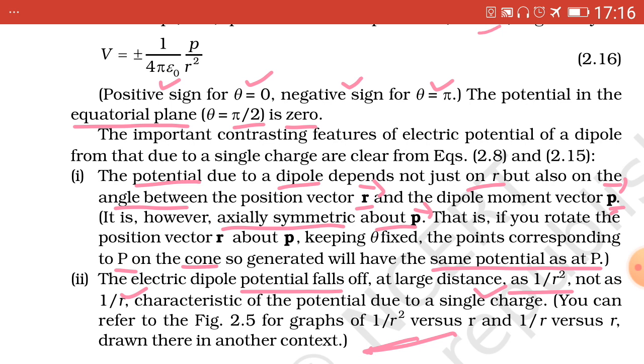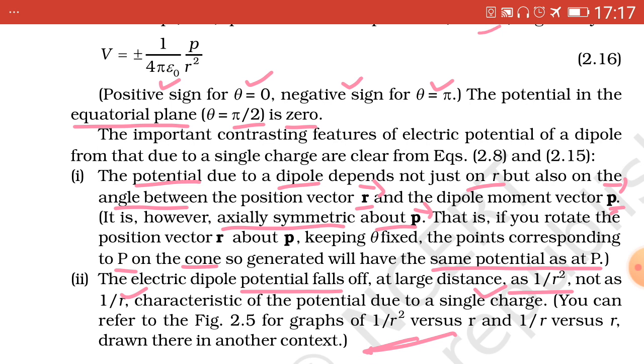Next point, that is second: the potential of the electric dipole falls off at large distances as 1 upon r square.